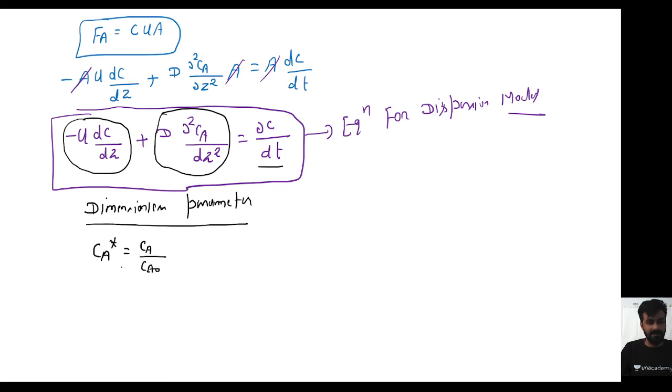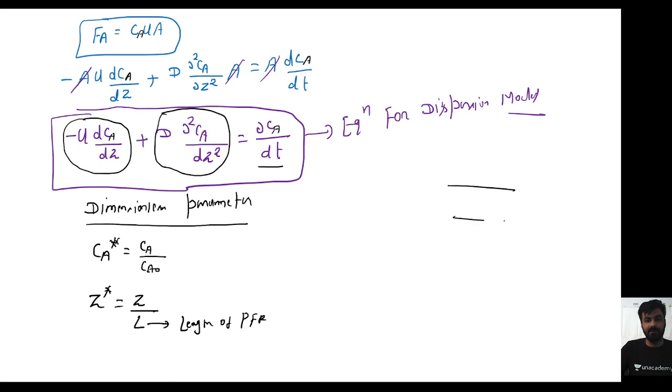Here you can write this concentration as Ca also, if a reaction is happening from A to B. And z star, that is equal to z upon L, where L is the length of the PFR.